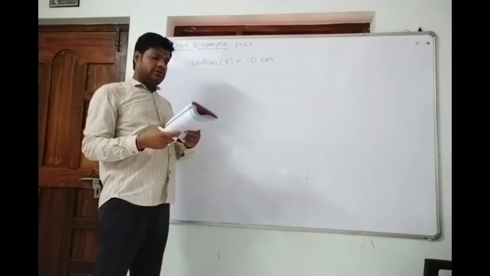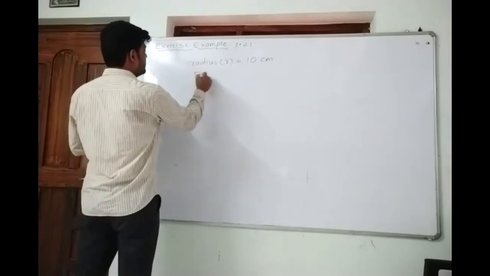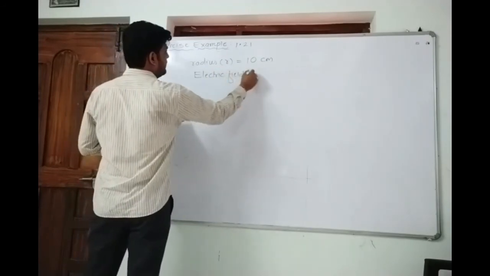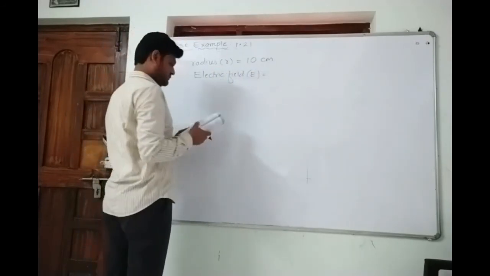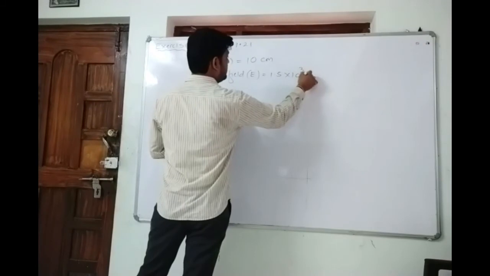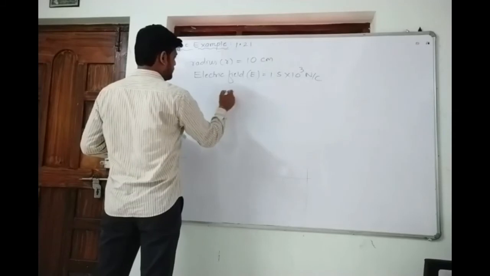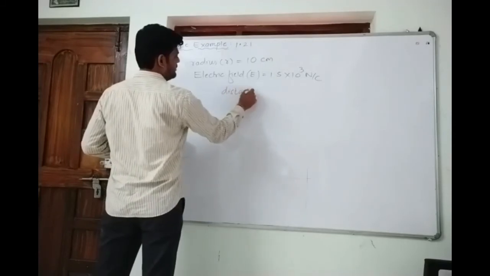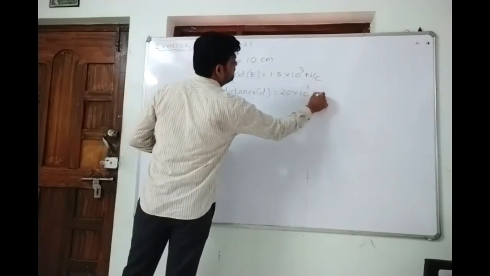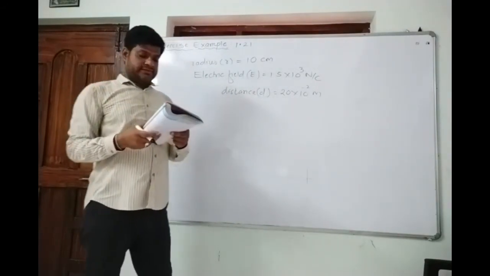The electric field E equal to 1.5 × 10^3 Newton per coulomb at a distance D equal to 20 centimeter from the center of the sphere, radially inward, right?